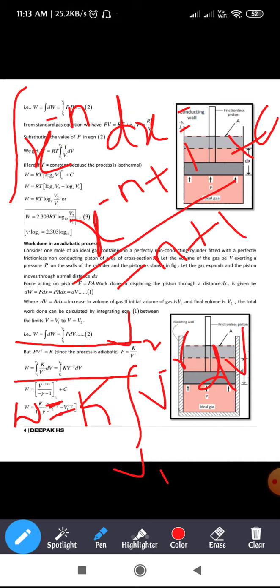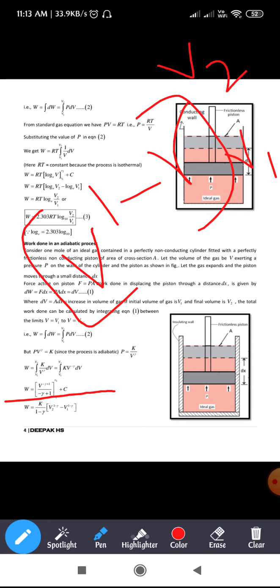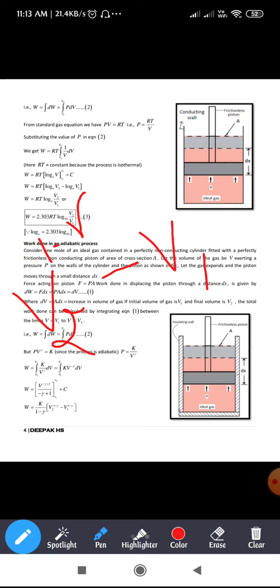That becomes K divided by 1 minus gamma into the left out thing, V to the power of 1 minus gamma, with limits of V1 to V2. Substitute the upper limit first. It comes out to be V2 to the power of 1 minus gamma minus V1 to the power of 1 minus gamma. Upper limit minus lower limit. This is what we have substituted. Right?